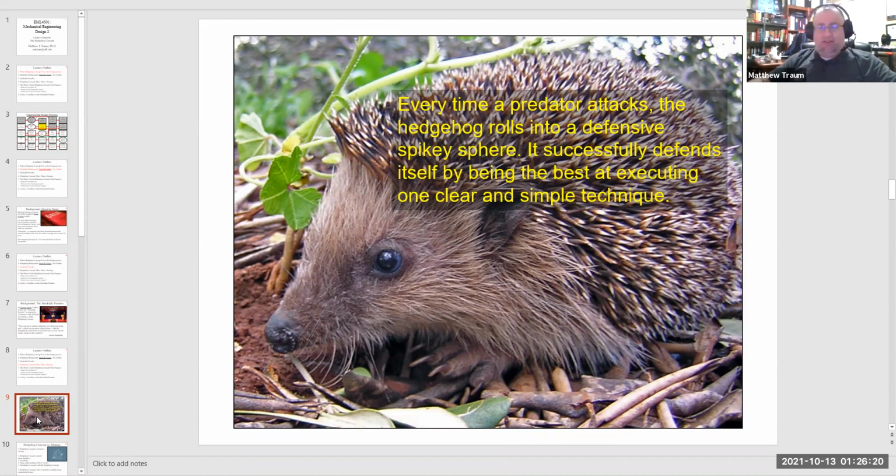And every time he tries to attack the hedgehog, what does the hedgehog do? Well, just instinctively, the hedgehog curls up into a little ball, and his spiny, pointy spines stick out from all directions. And there's nothing that the fox can do to attack the hedgehog in any way that's not going to cause the fox significant harm.